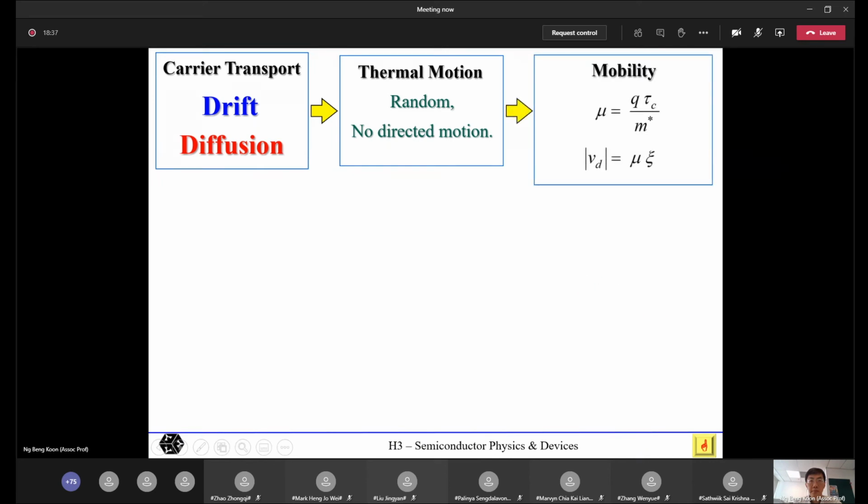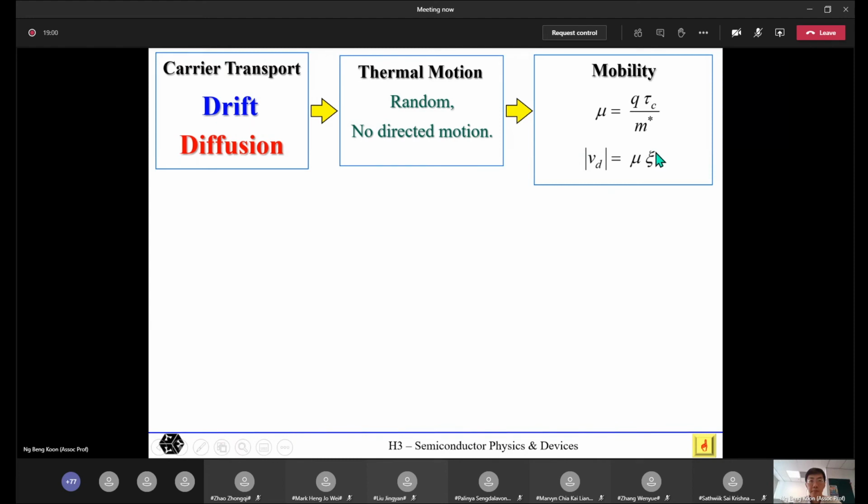So we also talk about a parameter that basically describes how fast the carrier can move in a semiconductor under the presence of electric field. We find that the drift velocity of your carrier is basically related to, of course, the electric field that is applied.